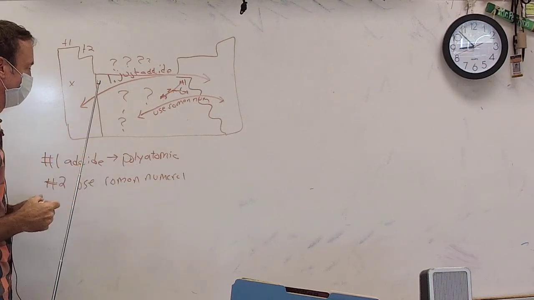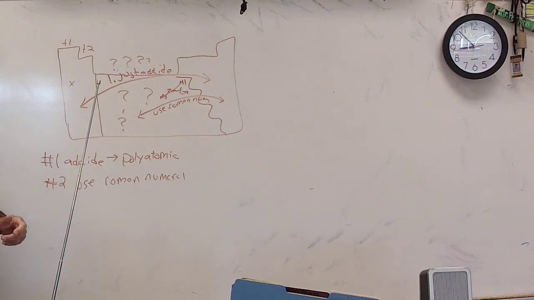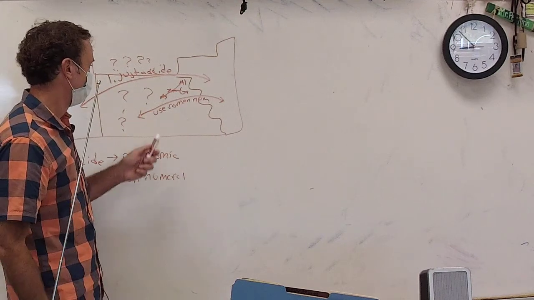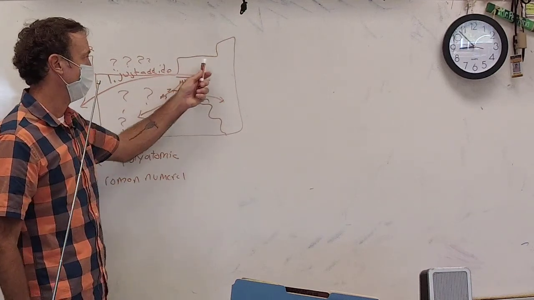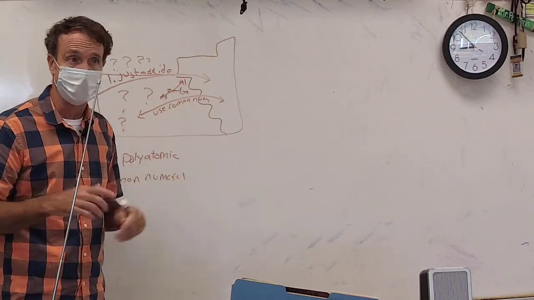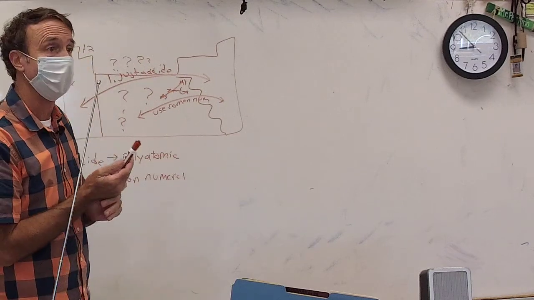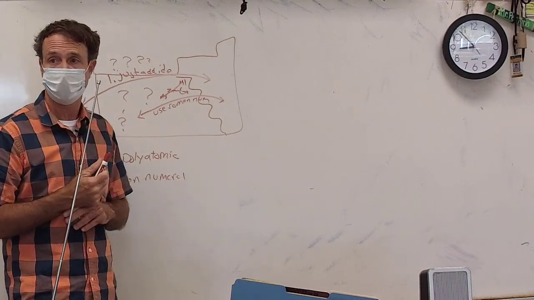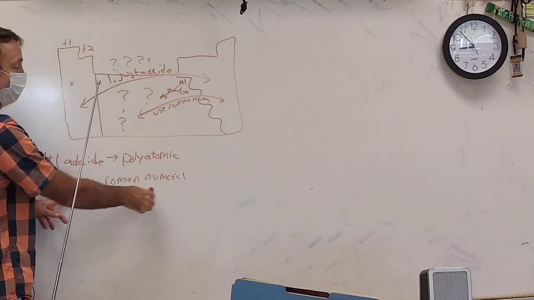So you have to use an oxidation number. For example, if it was copper and oxygen, you'll have to look at the formula and say, was that copper +1 or copper +2? And then you write that with a Roman numeral.